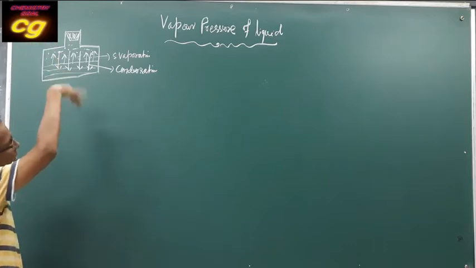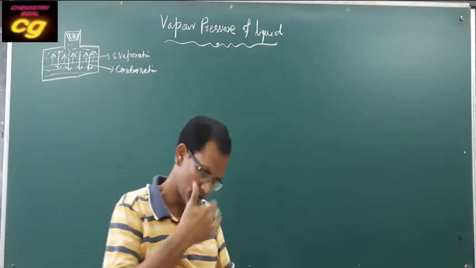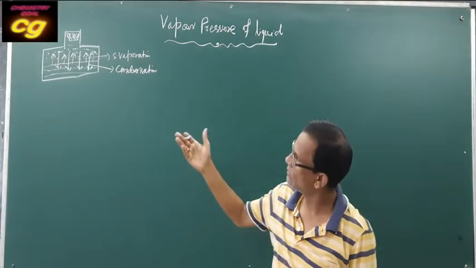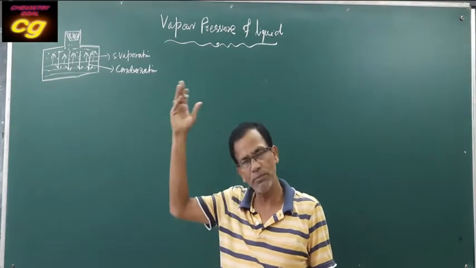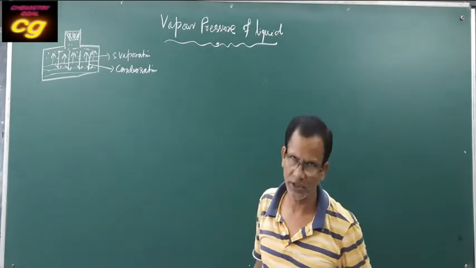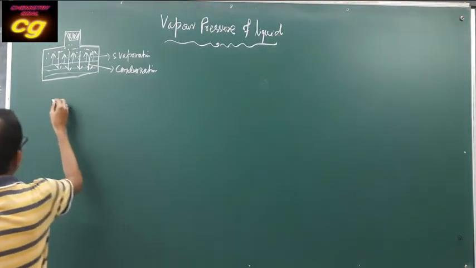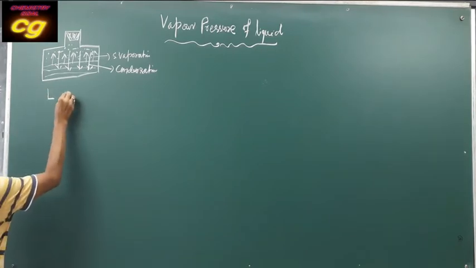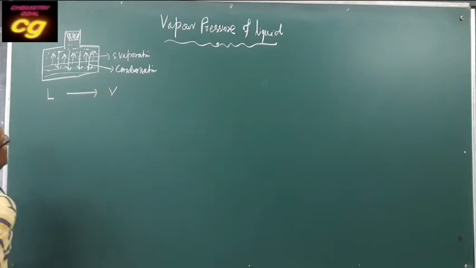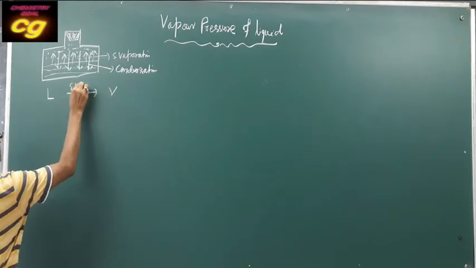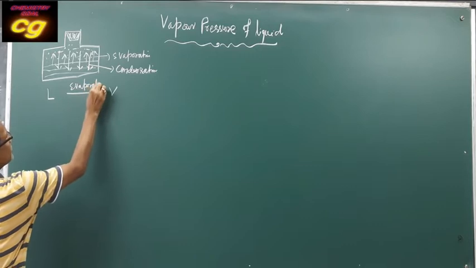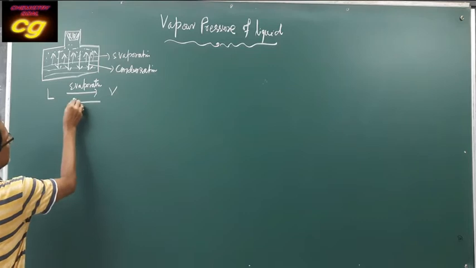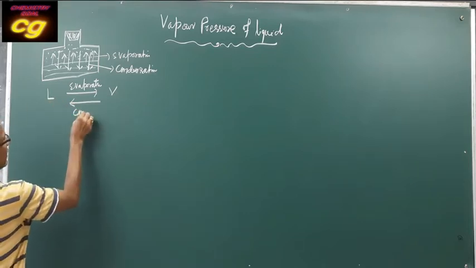So evaporation and condensation occur side by side. Some liquid molecules convert to vapors, and again some vapor molecules convert to liquid state. So a stage will come when liquid converts to vapor, this is called evaporation, and at the same time vapor again condenses to liquid, this is called condensation.